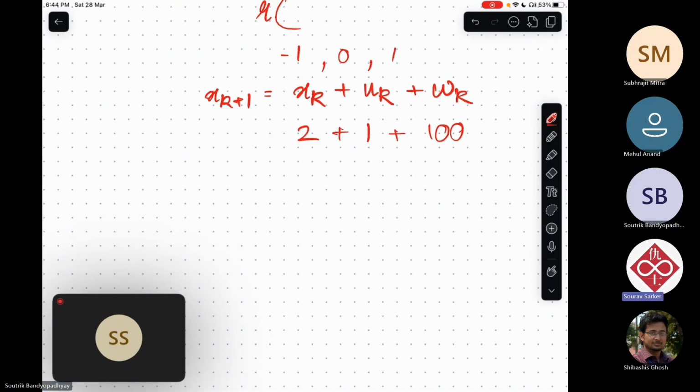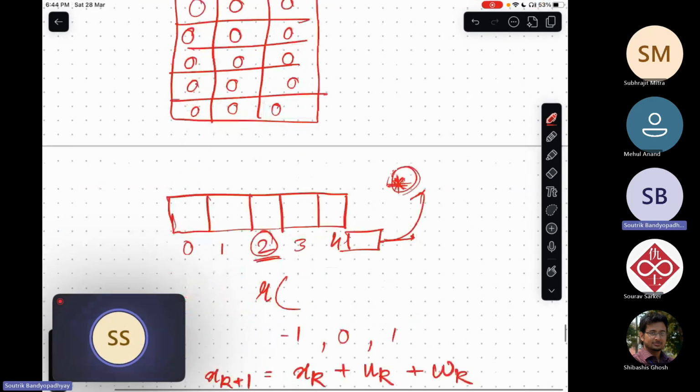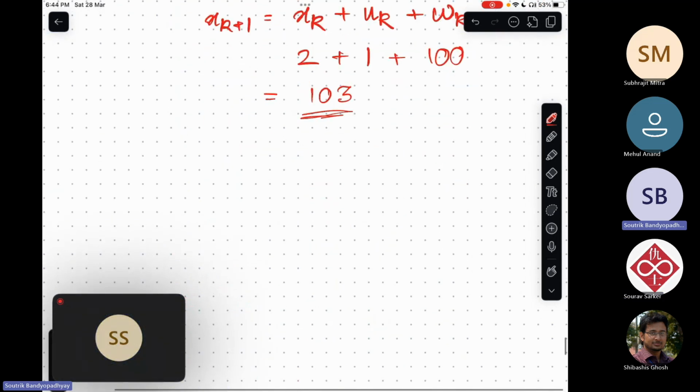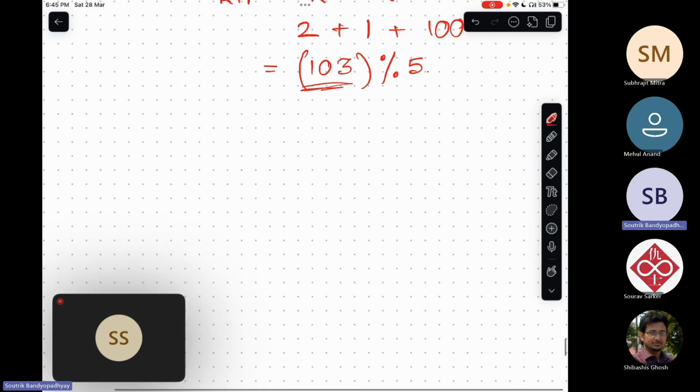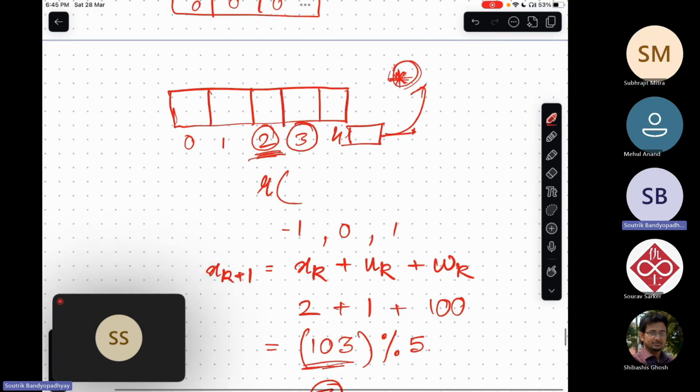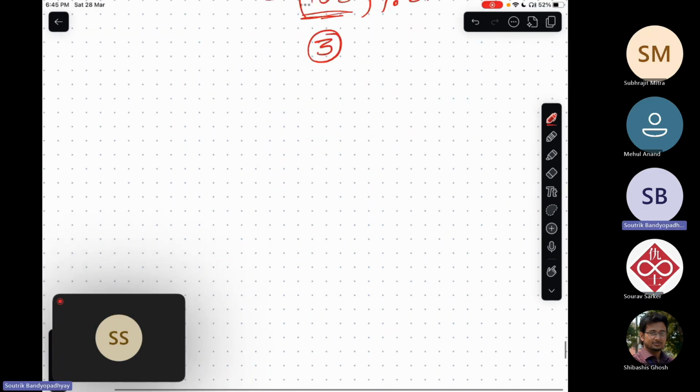I don't know. Then this becomes 103. But this 103 is not in the state space, right? So you can project it, or you can do a modulo operation with respect to 5, right? So 103 modulo 5 becomes 3. So the next state becomes 3, right?